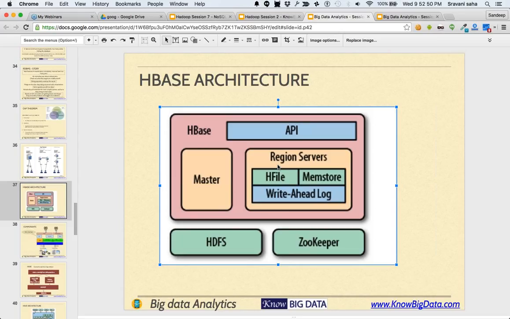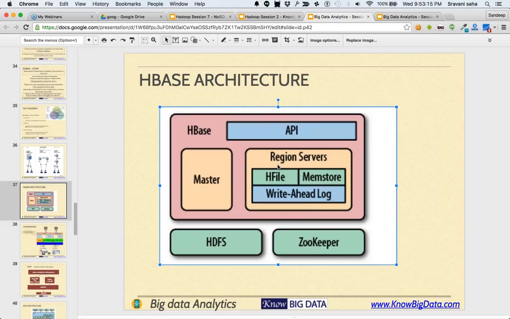This table will have only one group of columns, called a column family, and the column family name is CF1 or something. So in HBase, you have tables, and tables have column families, and inside a column family you can add as many columns as you want, as and when you want.